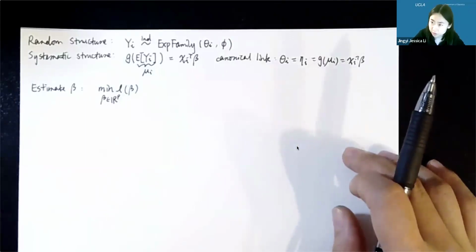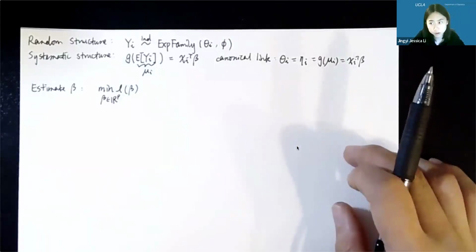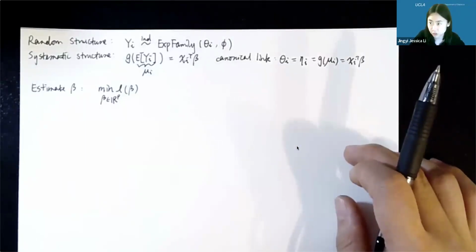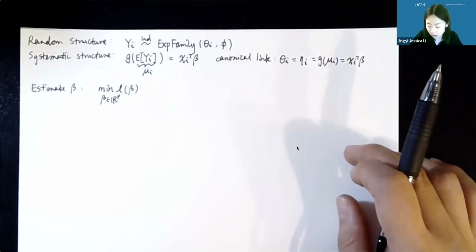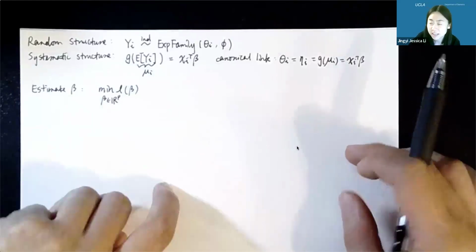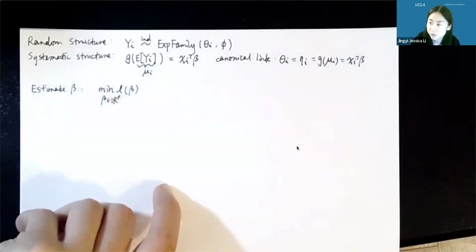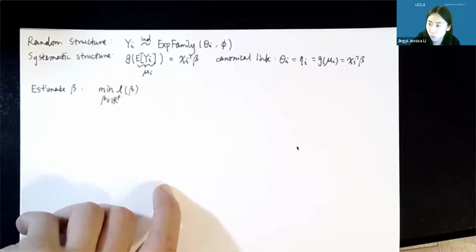This iterative approach started from Newton-Raphson. In Newton-Raphson, we try to approximate the gradient of beta by Taylor expansion. So we go to the second derivative, the Hessian matrix of the log likelihood, and we set that approximate gradient to 0 for the update. In Fisher scoring, what we did is replace the Hessian matrix by the expectation of the Hessian matrix.